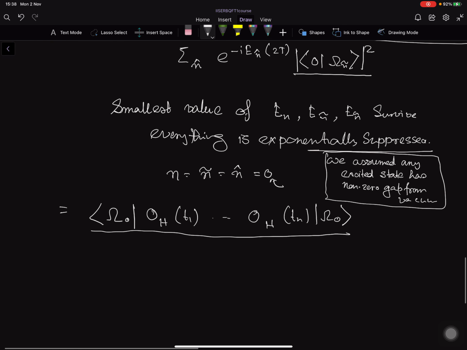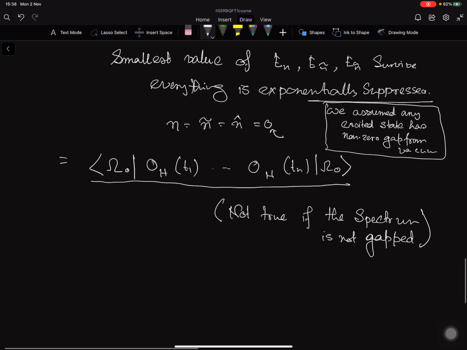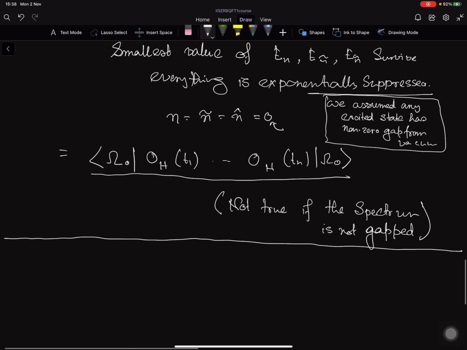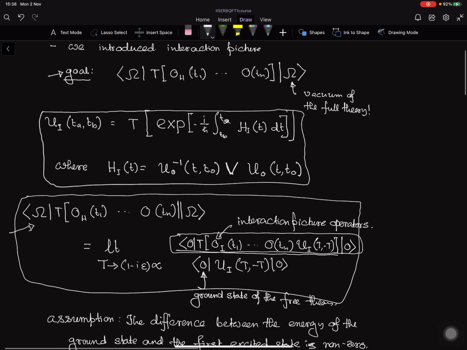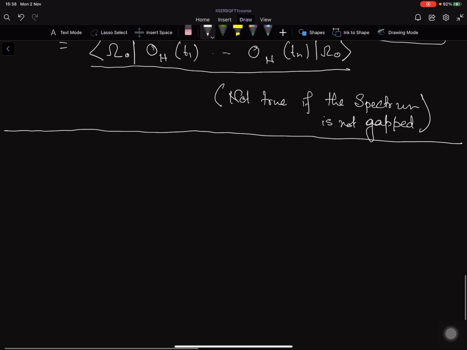This also means that this is not true if the spectrum is not gapped. We'll come back to this issue later. This happens for massless particles, but other than that, this is what happens. Okay. So this is a very important formula that we proved, and we will use it again and again. The formula is this thing.